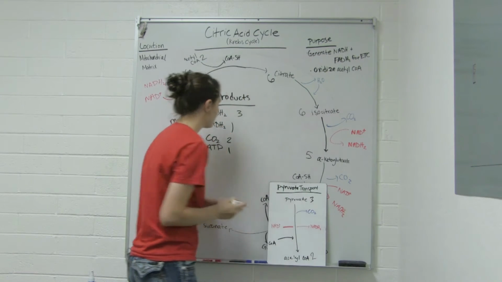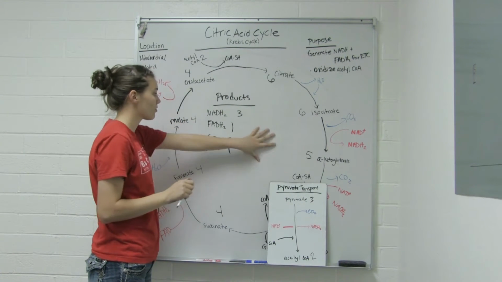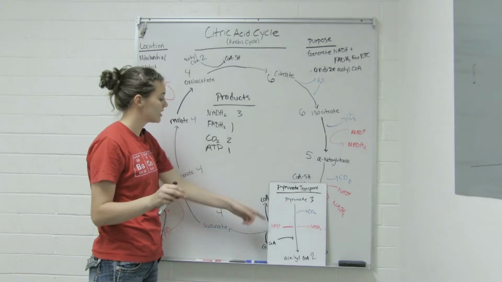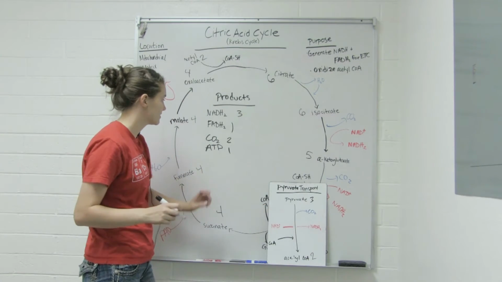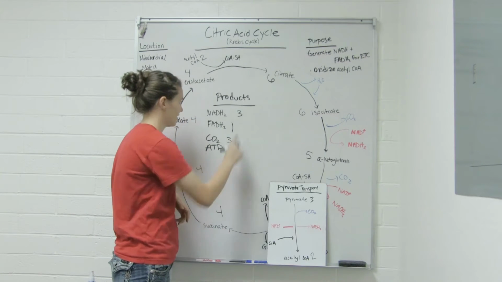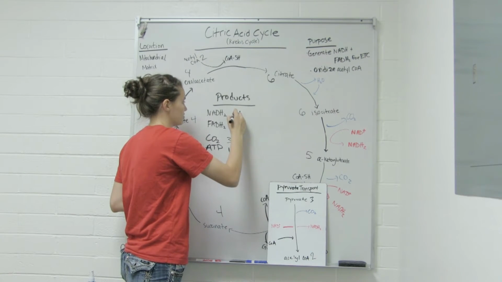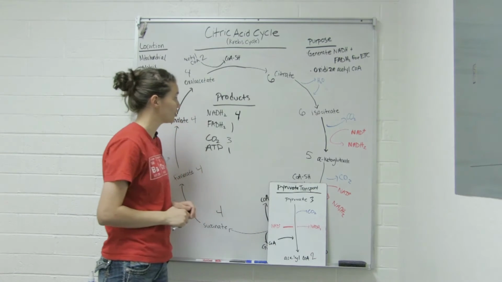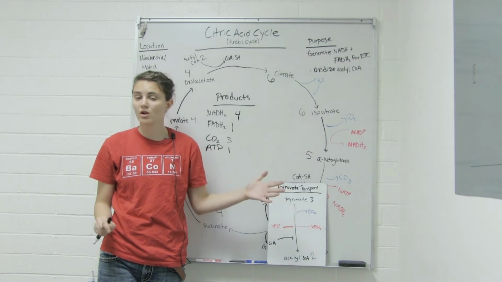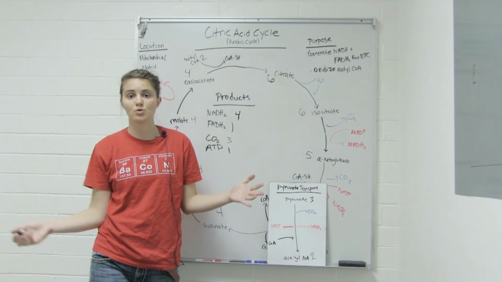Okay, but let's do this, the products of just one pyruvate molecule. So let's include pyruvate transport in this. So if we include that, then this is going to change to a 3 because we have another CO2 there. And this is going to change to a 4 because we have another NADH2. Now remember that glycolysis takes one glucose molecule and turns it into two pyruvates.